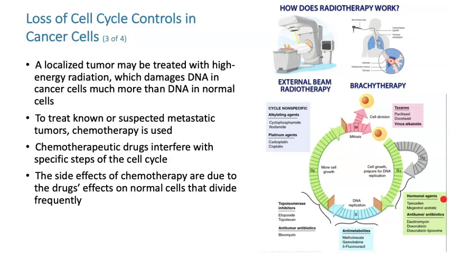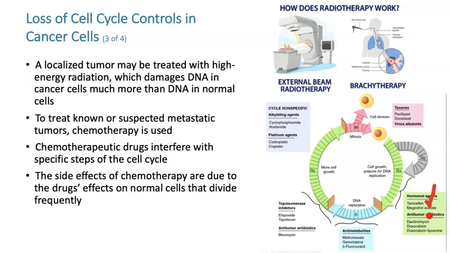If you've ever met anybody who has cancer or know somebody who has cancer, they have probably had one of these types of chemotherapy drugs. And one that's very frequently used in breast cancer is tamoxifen.